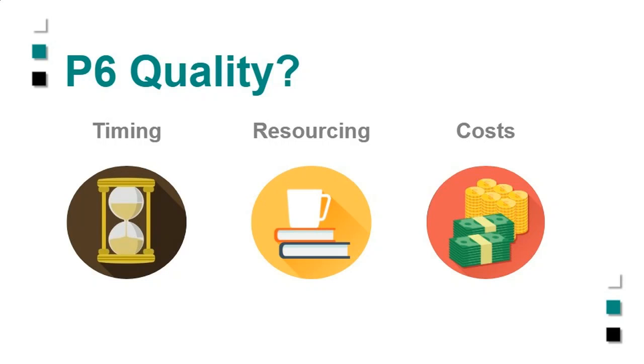Are we going to be managing our costs efficiently and effectively? In some cases, all of those things are important when we're talking about a quality schedule. But it's important to understand not everyone has the same requirements from a schedule. What's important is that all of the people in your organization follow those same standards.